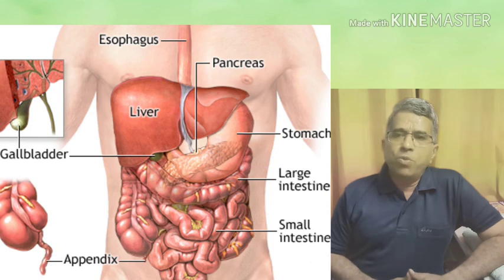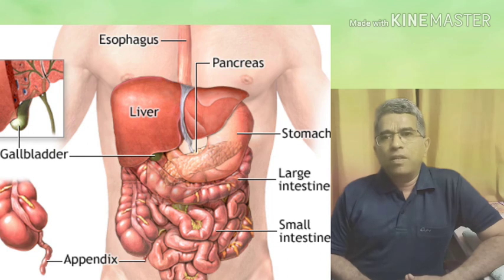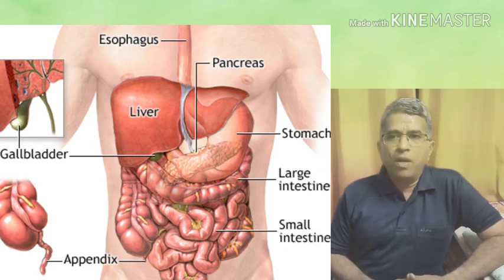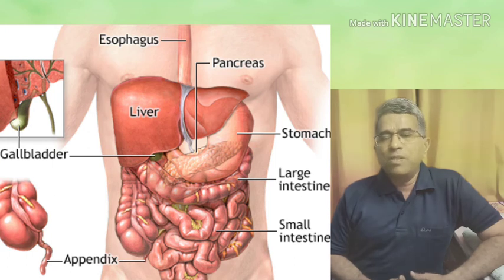And colon and rectum store undigested waste materials for some time, and in rectum the water is reabsorbed so that stools get a little bit solidified, and this rectum opens out through anal opening, and this anal opening is guarded by two sphincters, namely internal sphincter and external sphincter. Internal sphincter is involuntary, it's made up of smooth muscles, whereas external sphincter is voluntary and it is made up of striped muscle.